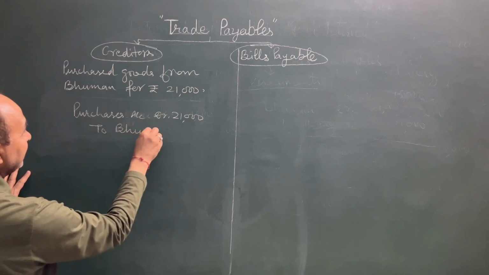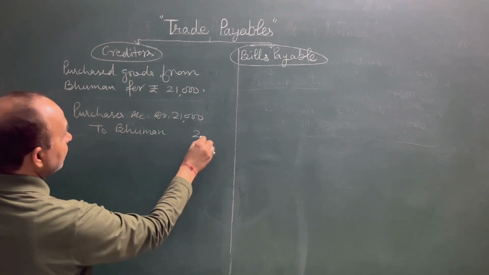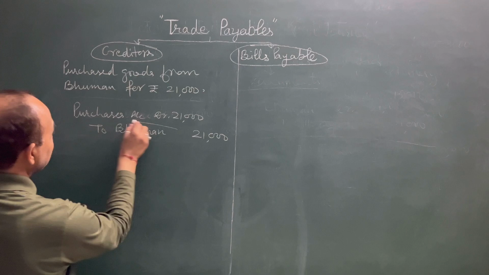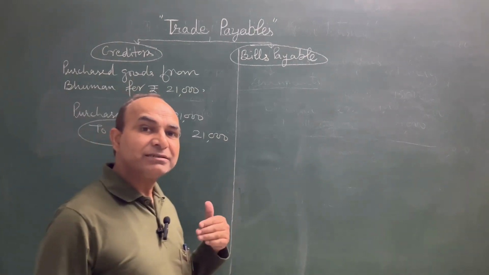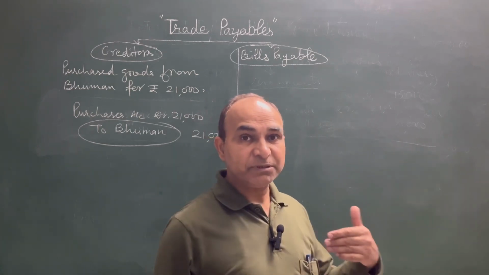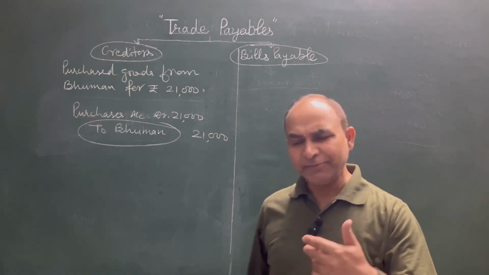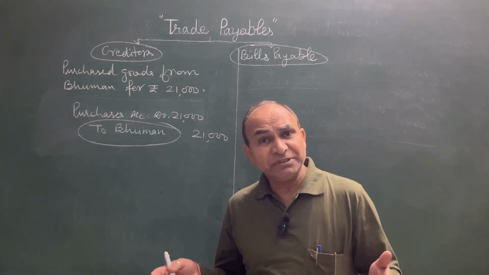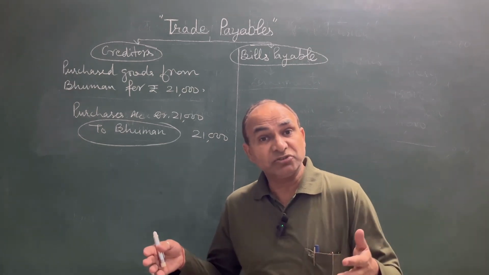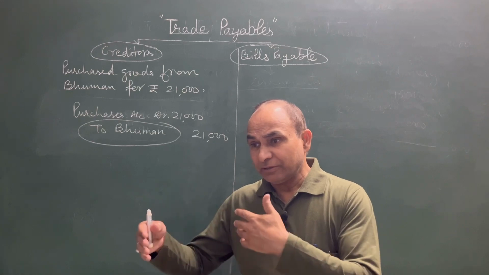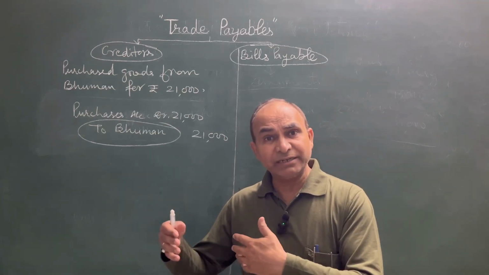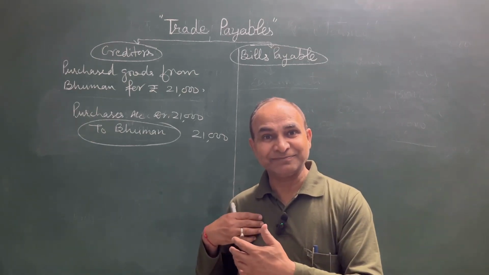And in this case, students, Bhuman is our creditor. But we have not given anything in writing regarding the date of payment, that is, when the payment is to be made. Payment can be made within 10 days, within a week, within 15 days, within 1 month or 2 months or 3 months, based on understanding between the supplier and us.